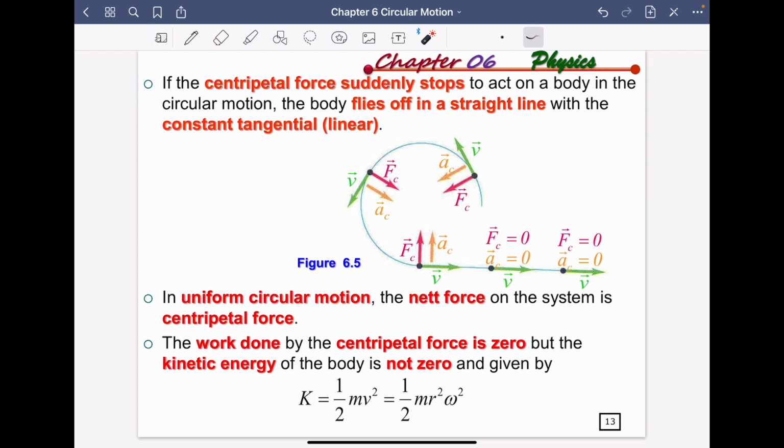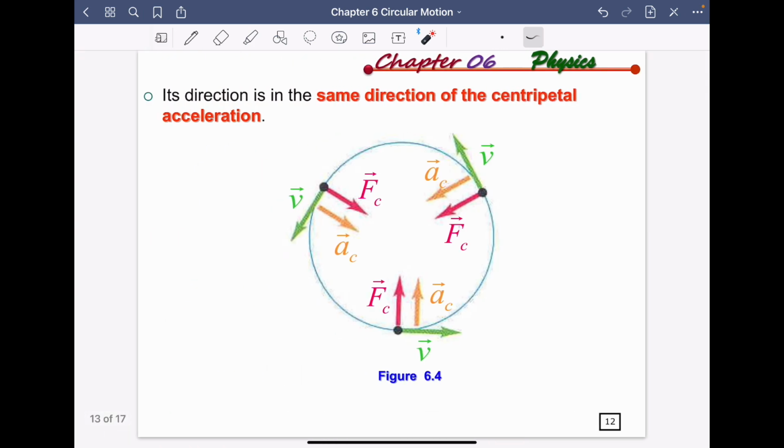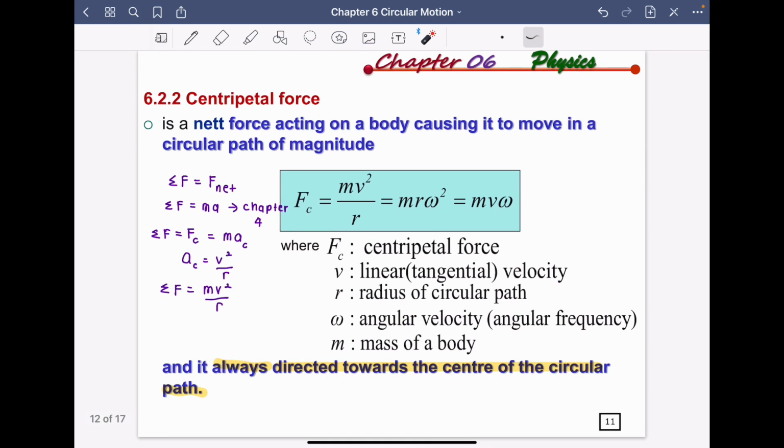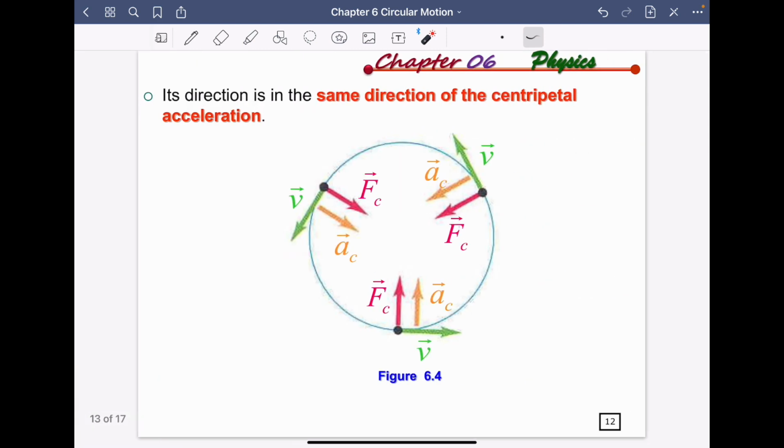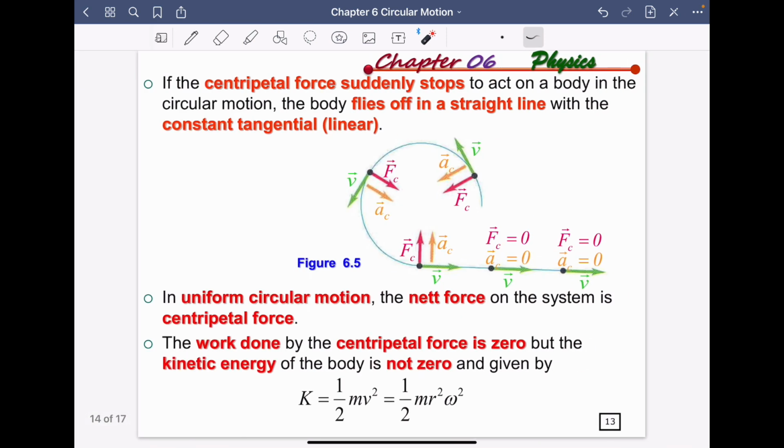Okay, and in uniform circular motion, the net force of the system is equal to centripetal force. Macam kita dah explain tadi, kita belajar dalam chapter 4, total F equal to MA. So dalam chapter circular motion, total F is equal to FC, which is equal to MAC. Okay, and then the work done by the centripetal force is 0.